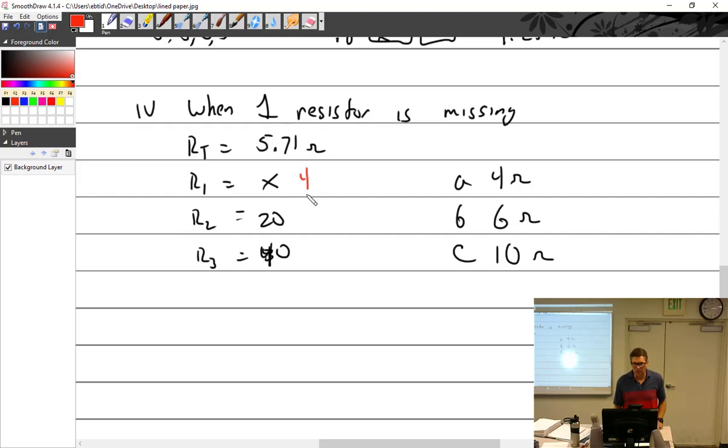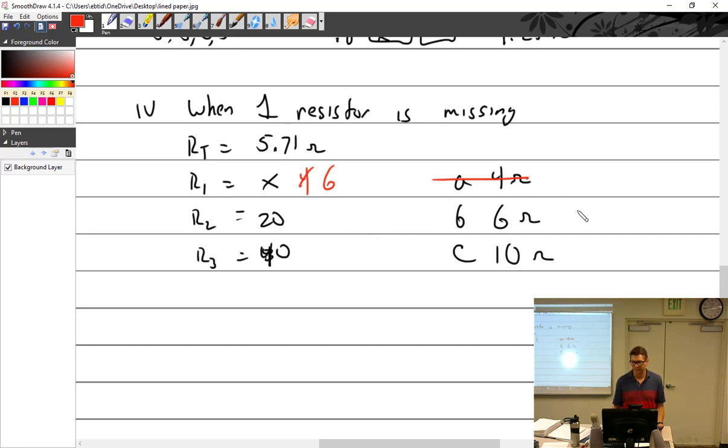So if it's 4, 20, and 10, can it be 5.7? No. Nope. Okay, so if it's 6, 20, and 40, could it be 5.7? Yes, it could. So really quickly, 6, 1 over x, plus 20, 1 over x, plus 40, 1 over x equals 1 over x equals, and my answer is?